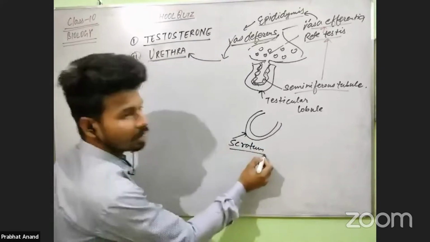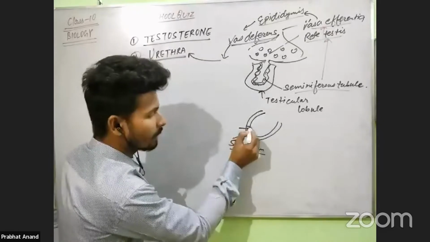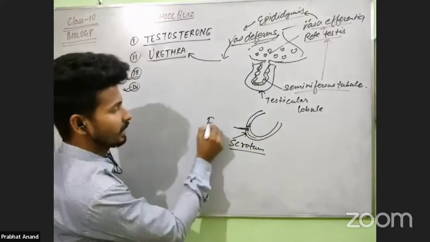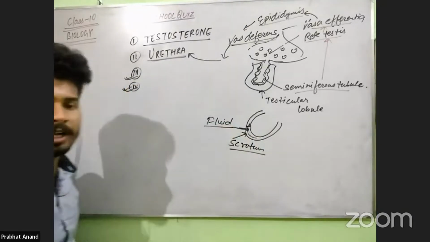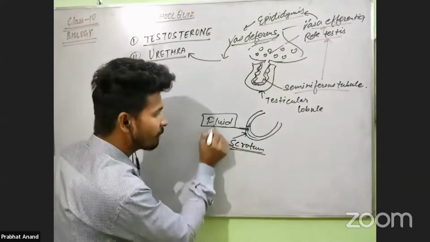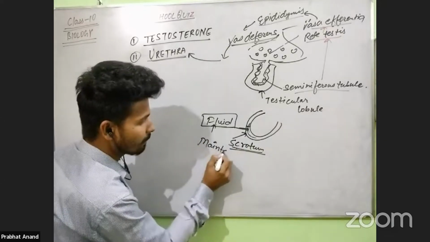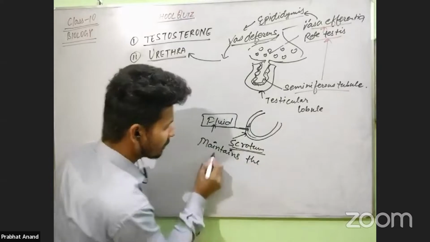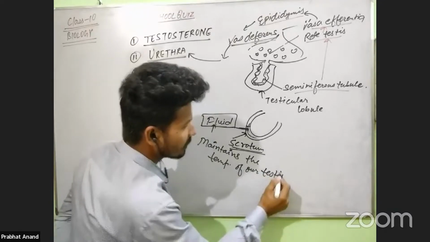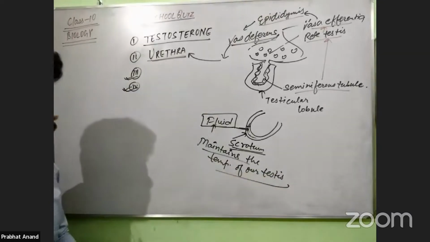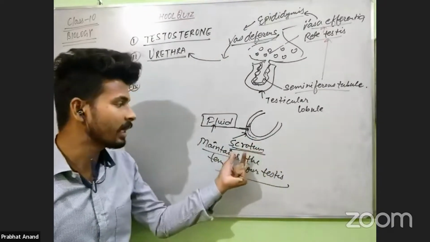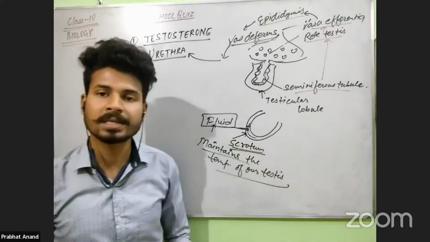Inside the scrotum, between the testis and the scrotum, some kind of fluid or liquid is present. This liquid maintains the temperature of our testes. Since this liquid is contained in the scrotum, indirectly we say that the scrotum maintains the temperature of our testes, right?